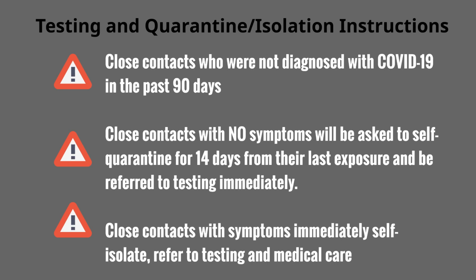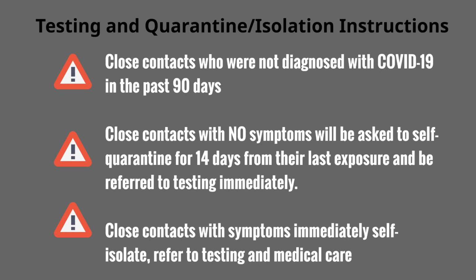Now, it says self-quarantine for 14 days from their last exposure. Remember that you cannot disclose the case's information to these contacts. That information should be in the system so you can tell when that person would have had contact with the case.